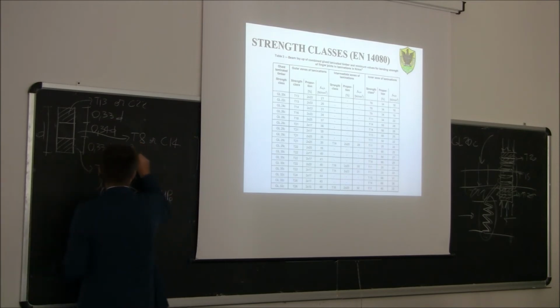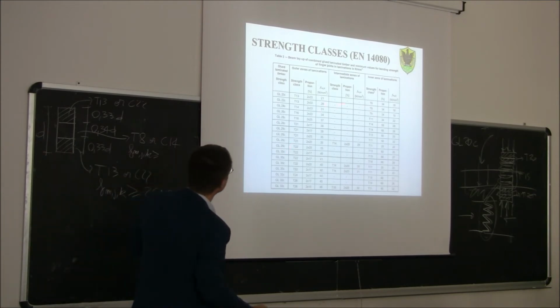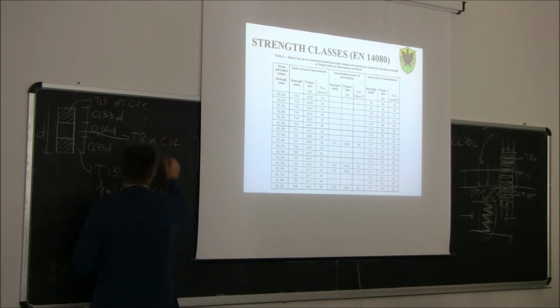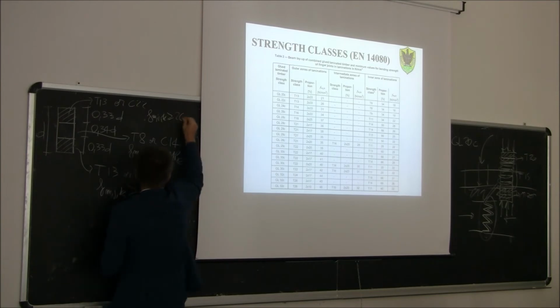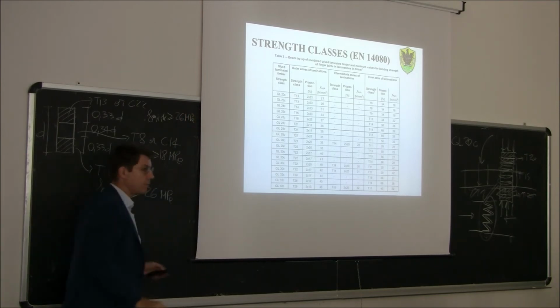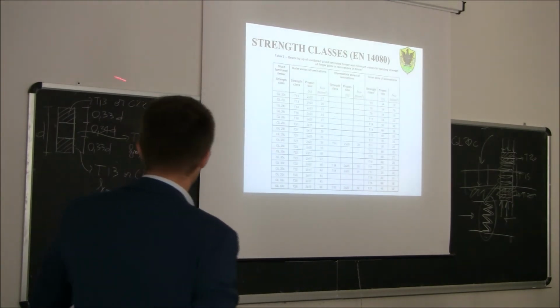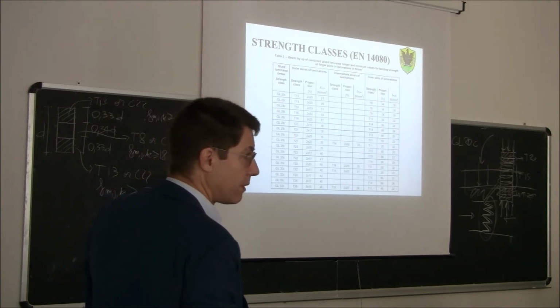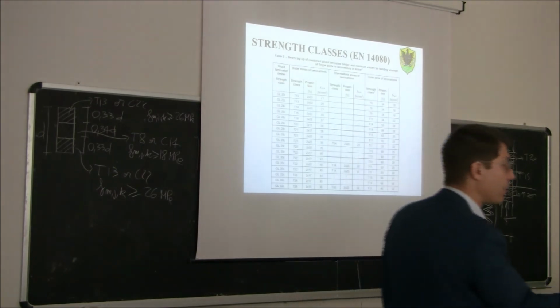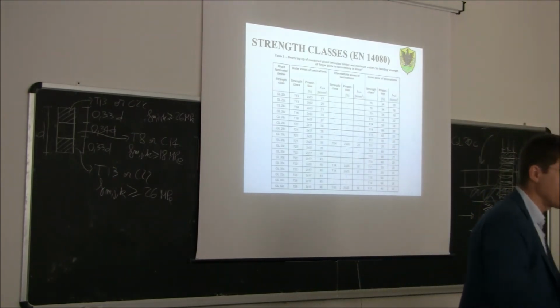For the inner lamination, f_m,j,k greater than 18 megapascal. And for the outer lamination again, f_m,j,k greater than 26 megapascal. Okay? So a glulam that complies with this requirement can be classified as GL20C. Then we see there is another table providing, from GL20C, all the strength profile that we need in design. It's clear?